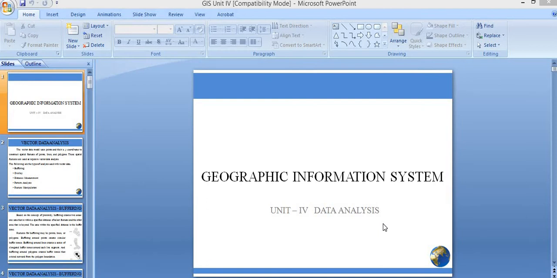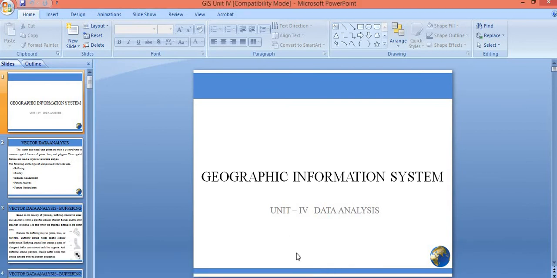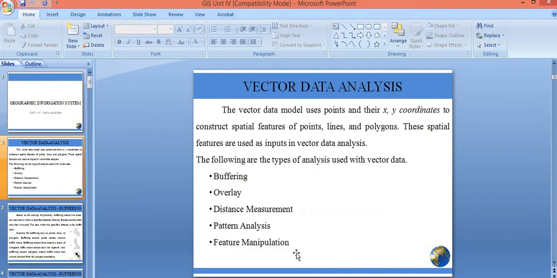Operations related to vector data and operations related to raster data. Okay, so even in my class, I might have discussed only in this way. So first, let us discuss the operations that can be done on vector data. In vector data, you can perform operations like buffering, overlay, distance measurement, pattern analysis, and feature manipulation.